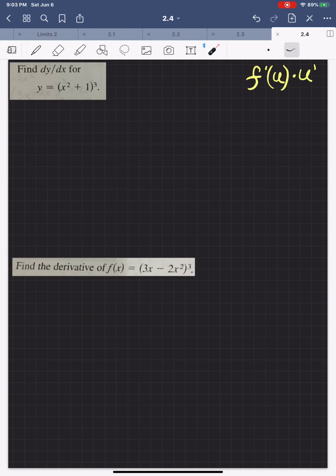So first thing to make sure you understand is let's be able to recognize form. So what I'm really trying to say is, if it looks like this, do this. But x squared plus 1 cubed, the form of your function tells me that I'm going to need to use a chain rule.